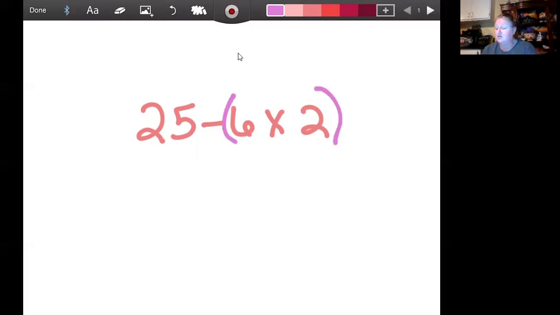Okay? So now we have 25 minus 12. Like the way I was taught, you wouldn't just go 25 minus 12 now. You would rewrite the problem and you would say 25 minus 12. And then you would get your answer. Everybody does it different. You got to find what works for you.